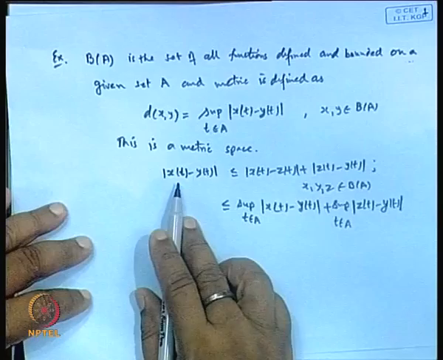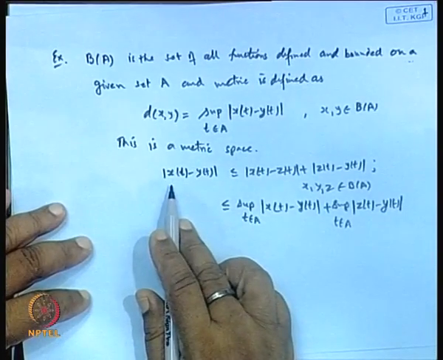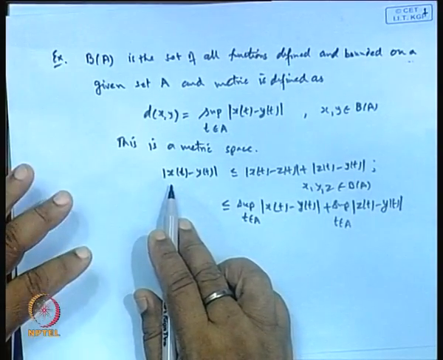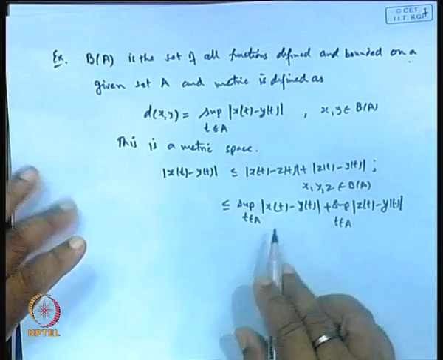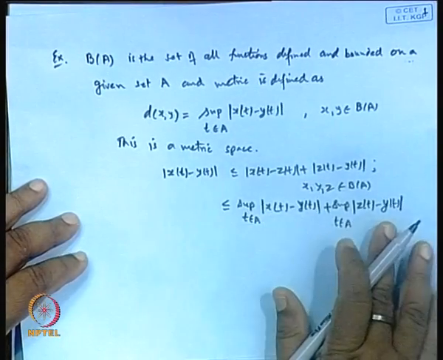So, this part is less than or equal to the supremum of this for every t belonging to A. The left hand side depends on t, but the right hand side is independent of t, because once you take the supremum, this is a finite thing.